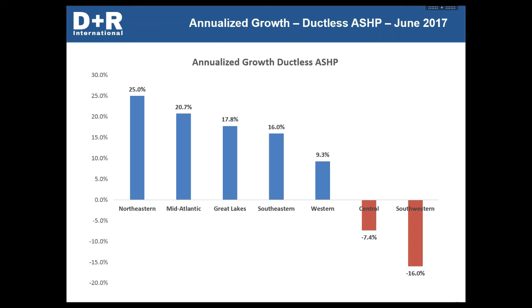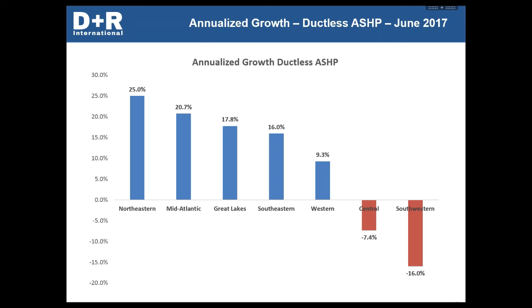I certainly don't want to get into the business here of prognosticating, but a lot of these downturns, if I had to guess, would be temporary. We have seen these shifts, particularly in the central region. That region has been quite robust in the not too distant past for the air source heat pump market, and all indications in other parts of the country suggest that that's not going away anytime soon.